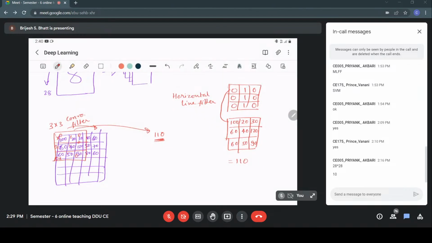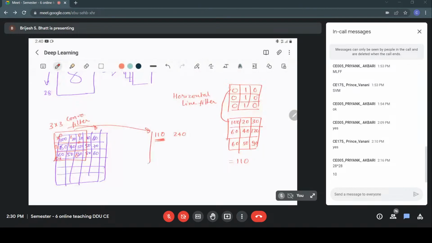Similarly for the other figure, 30 plus 120 plus 90, that is how much? 240. So for another, the answer is 240. Similarly for the third, the answer would be something else, and so on.